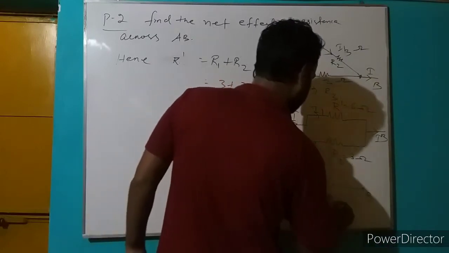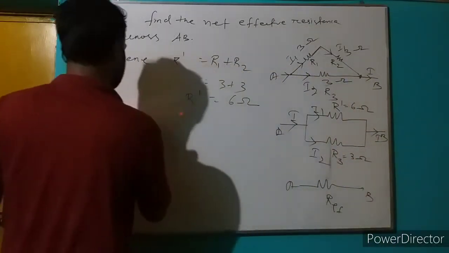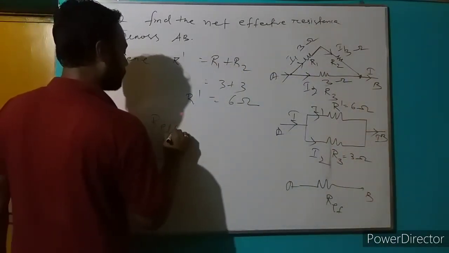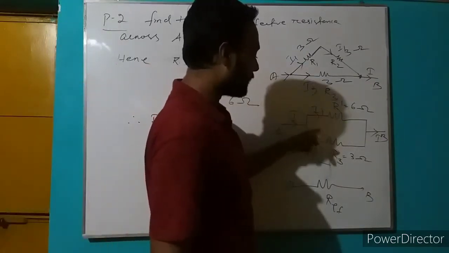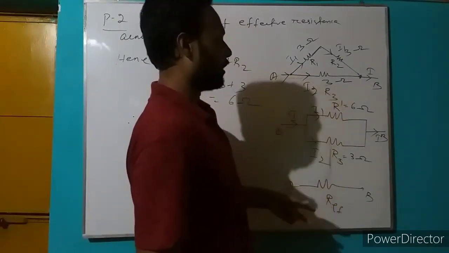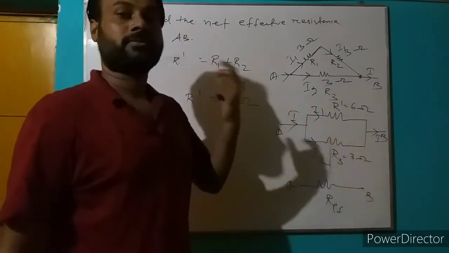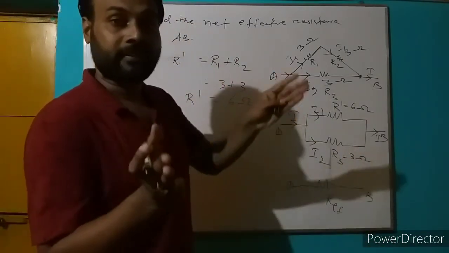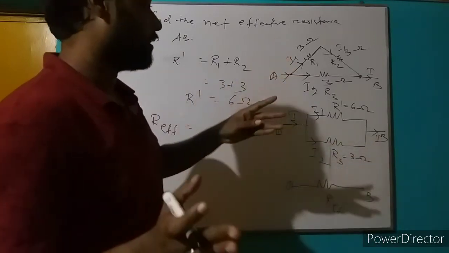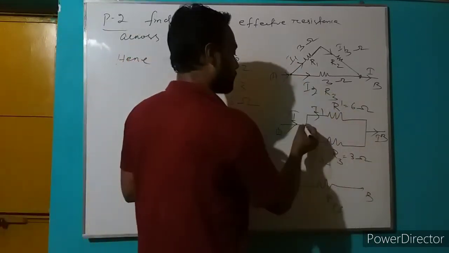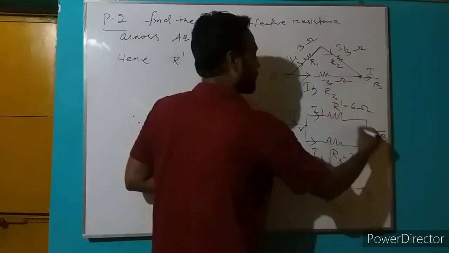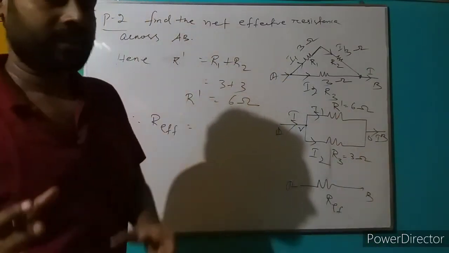Therefore R effective, the two currents become divided. So in case of parallel connection, as you know, the current becomes distributed in different paths. The potential across the two paths becomes the same, so they are assumed as a parallel connection.